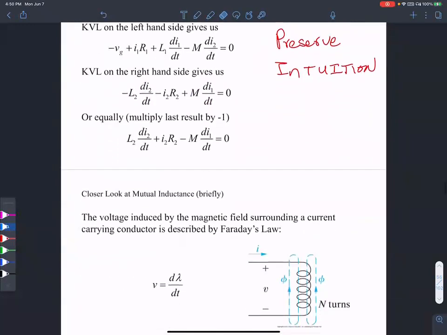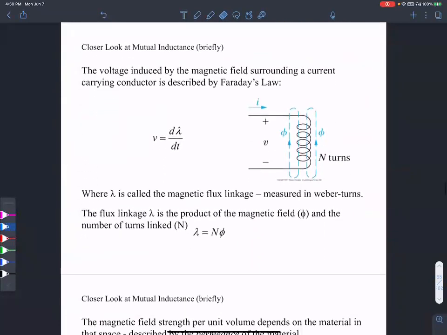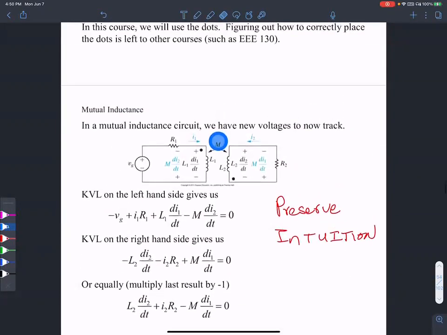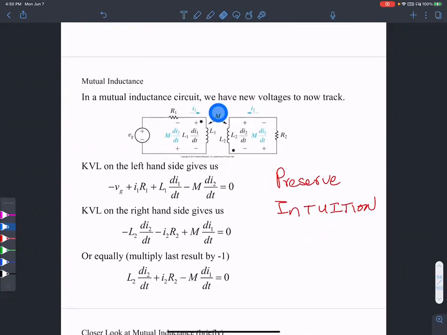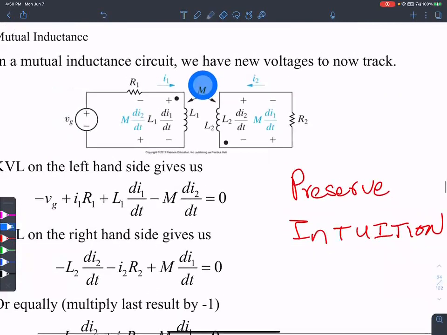Professor, can you go back up? On the right side, there's a voltage drop across the resistor. Just looking at the equation, it says it's negative.